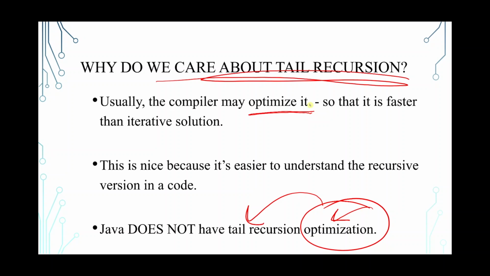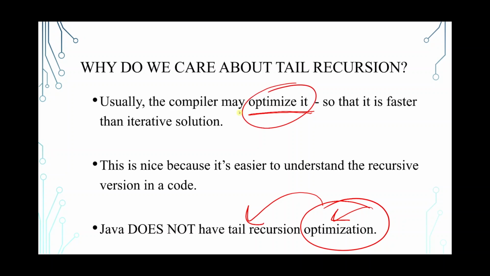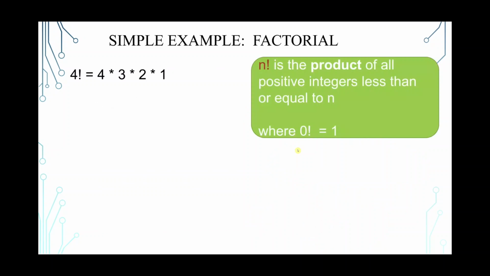So it's usually faster than the iterative function, and we rely on the compiler to do that. Even though we know the compiler is going to optimize it in other languages, we prefer to write it in a recursive way because it's easier to understand the recursive version of the code.